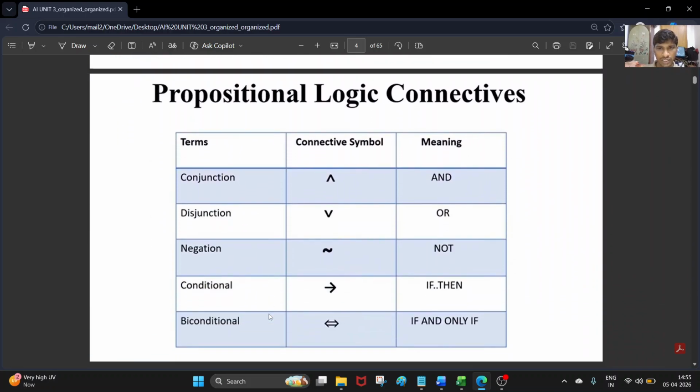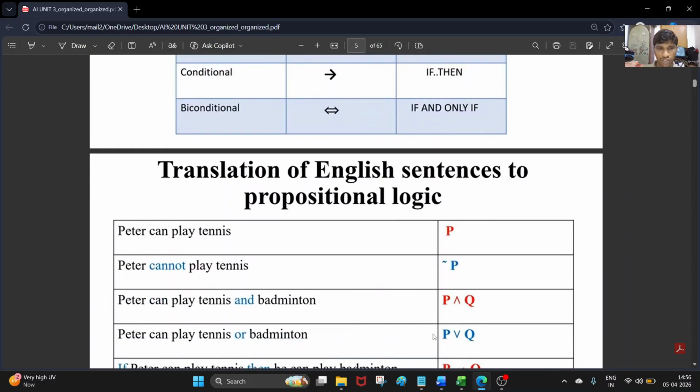The connectives are conjunction, disjunction, negation, conditional, and biconditional. Conjunction performs the and operation, disjunction the or operation, negation the not operation, conditional the if-then operation, and biconditional the if and only if operation.